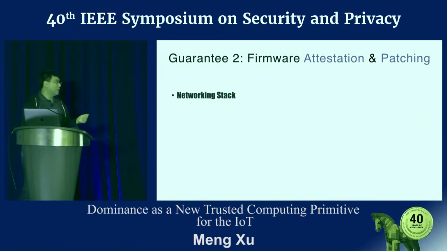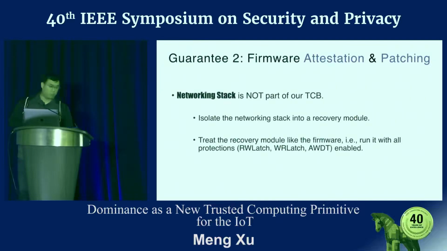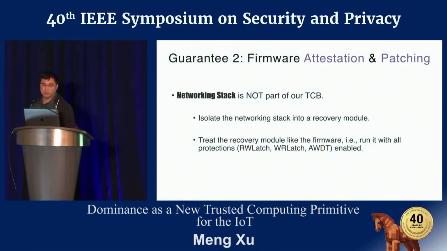Another thing is that because we need to talk to the hub, we inevitably need a networking stack. But we want to highlight that this networking stack is not actually part of our TCB. The reason is that a networking stack is huge. It can have a lot of implementations, a lot of code, and a lot of attack surface. But it does not actually have to be trusted by us.